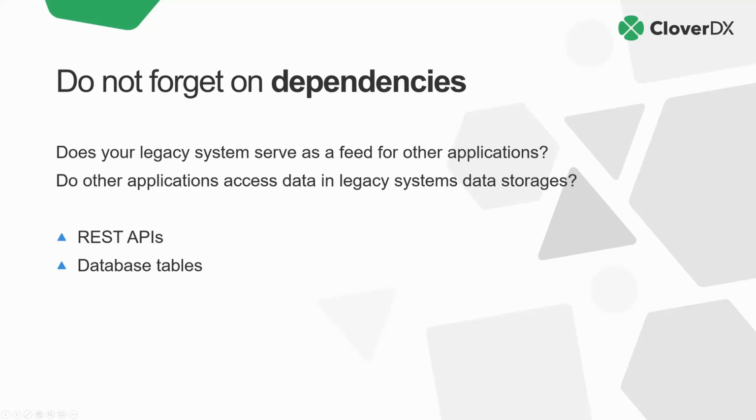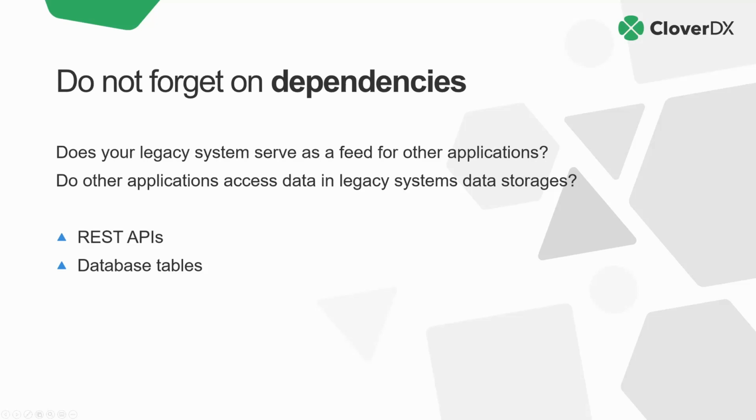So thinking about the data that you will be migrating, it's definitely the data that you have in the source system, but sometimes you also shouldn't forget about dependencies. Dependencies are often forgotten, but are critical as well, because you should ask yourself these two questions at least.